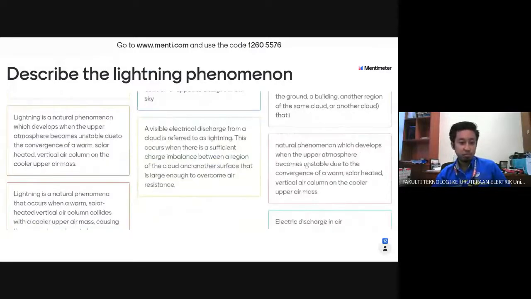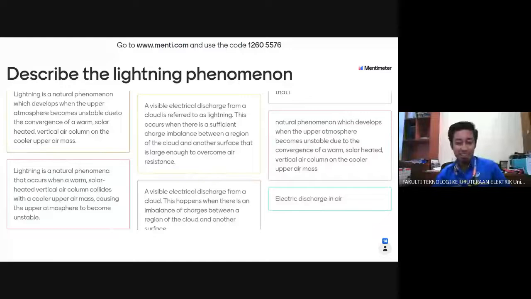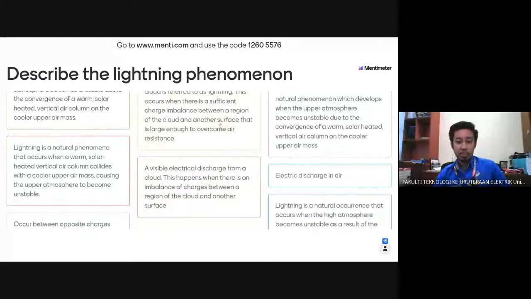Okay, right. Lightning is a natural phenomenon which develops when the upper atmosphere becomes unstable due to the convergence of warm solar heated air. I think this is copied directly from the internet. The visible electrical discharge from a cloud is referred to as lightning.